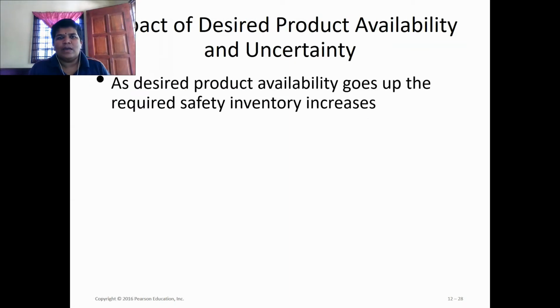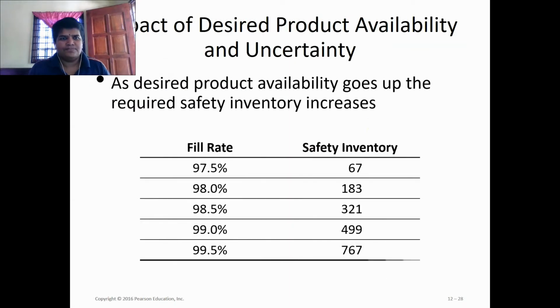Impact of desired product availability and uncertainty. As desired product availability goes up, the required safety inventory increases. You can see here that when the fill rate is increased from 97.5 percent to 99.5 percent, the safety inventory also increases from 67 to 767.